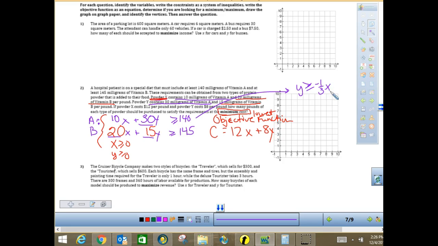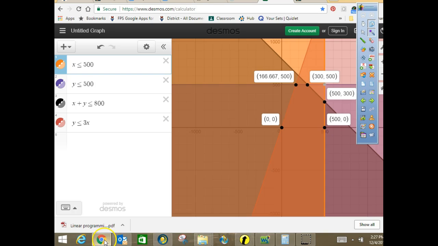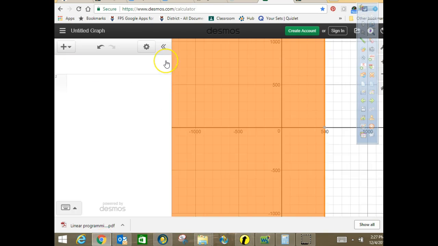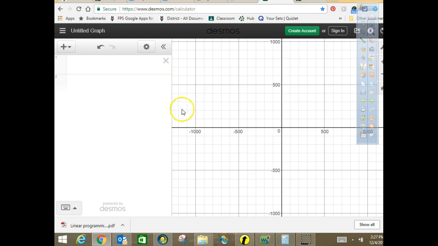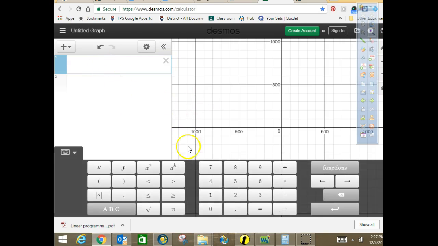Yes. We're subtracting 10X. And now I'm going to take 140 and divide it by 30. That's about 4.6.